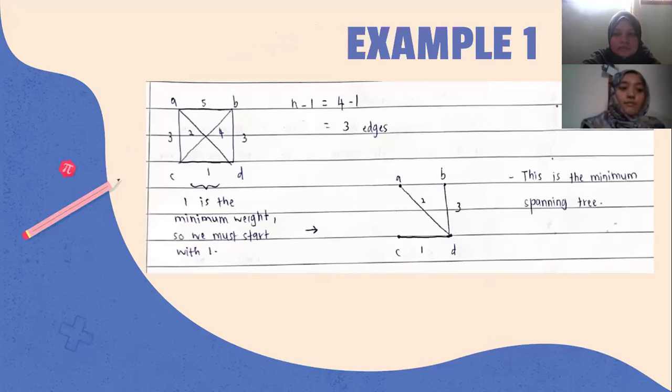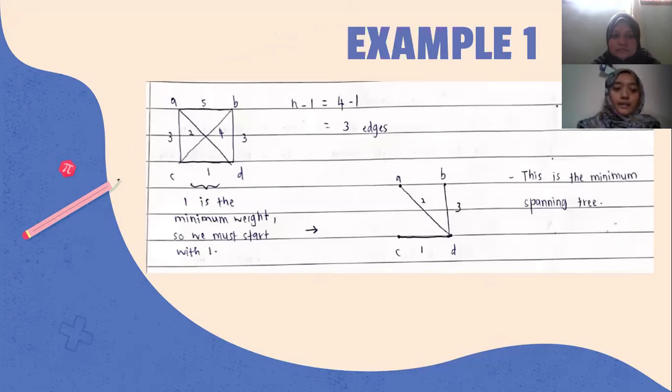If we look at this example, we can see the weight of the edges in the main graph. The number beside the edges is the weight of the edges. To form a minimum spanning tree, we need to know the minimum number of edges by using the formula n minus 1.